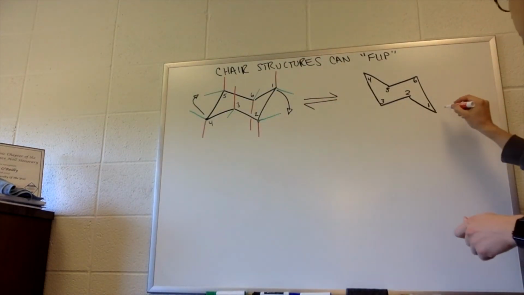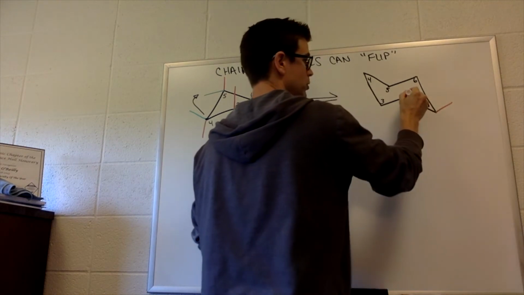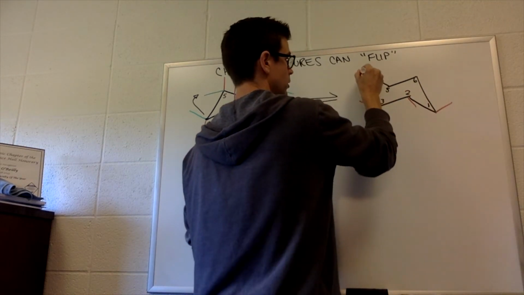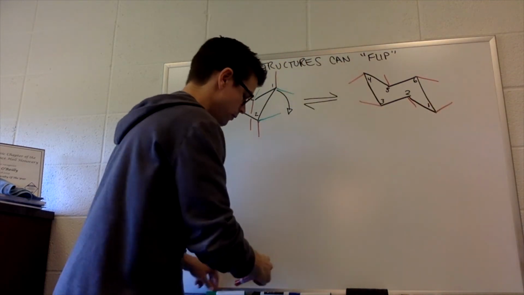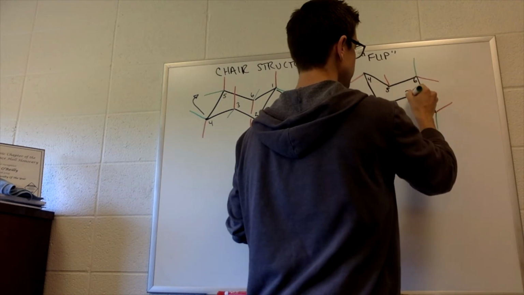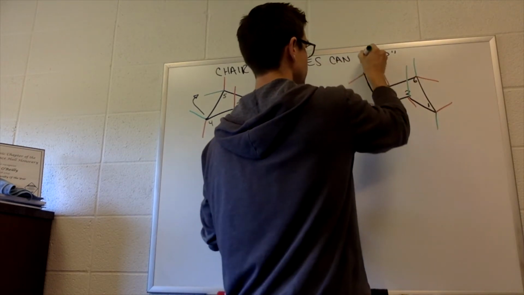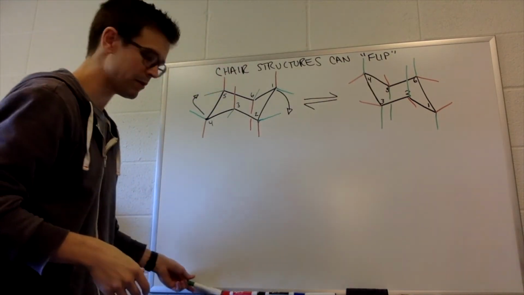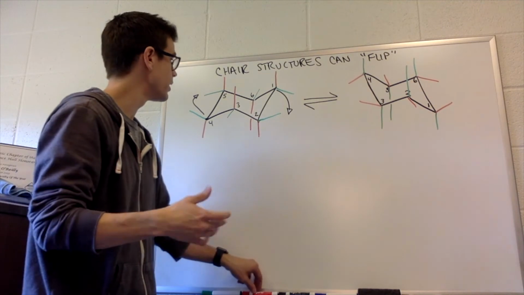So now all the reds are equatorial, and all of the greens flipped into axial positions. So that's what happens when a chair flips. All of the axial become equatorial and vice versa.